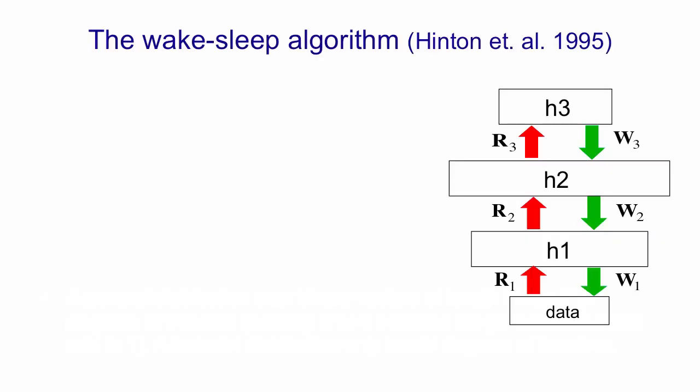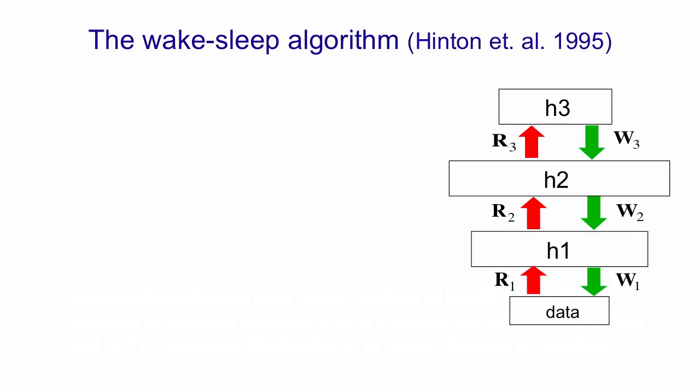So now I'm going to describe the wake-sleep algorithm that makes use of the idea of using the wrong distribution. In this algorithm, we have a neural net that has two different sets of weights. It's really a generative model, and so the weights shown in green for generative are the weights of the model.